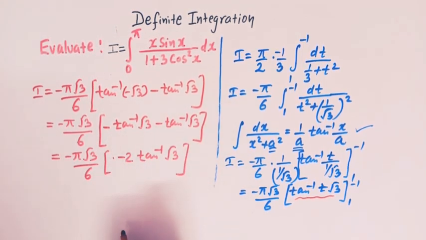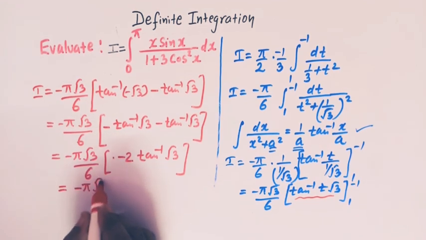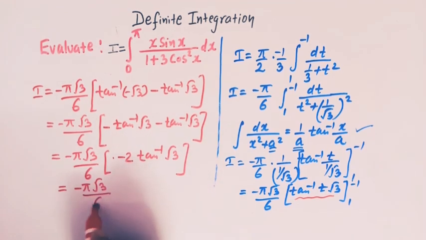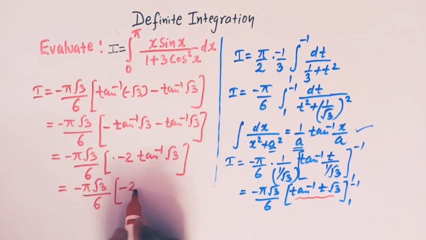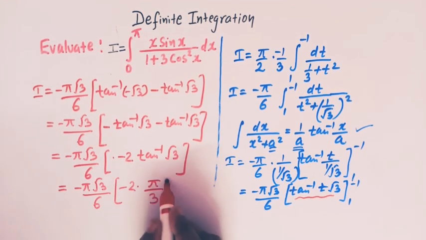And tan inverse root 3 is pi over 3. So we have here minus 2 times pi over 3, right?